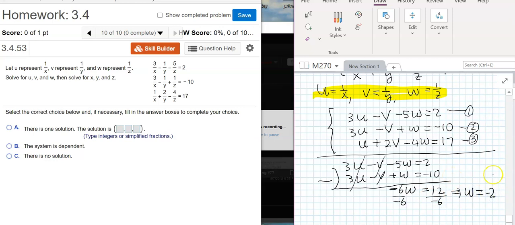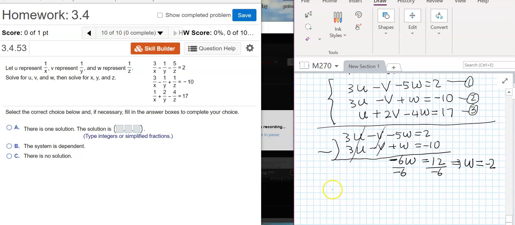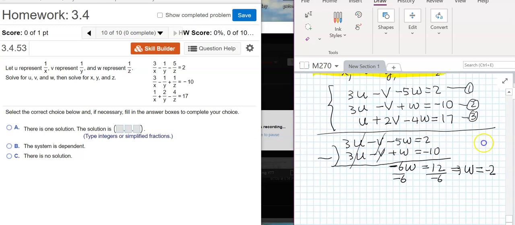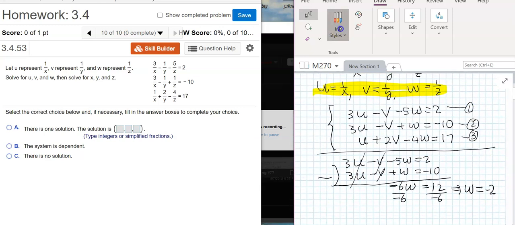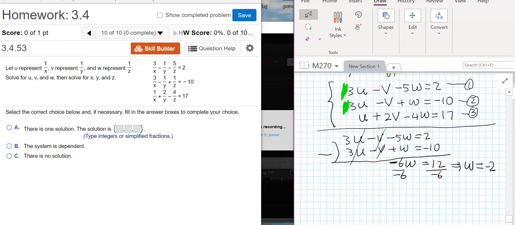Okay. So now I'm going to use equation 1 and the third one. Remember, I just used the first equation and then the second equation to get this. Now I have to use w to eliminate. So substitute w into the first one and the third one.